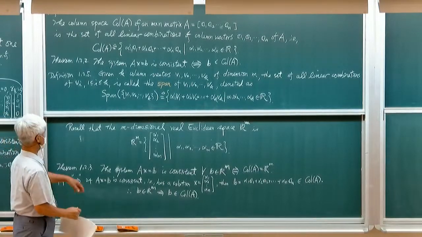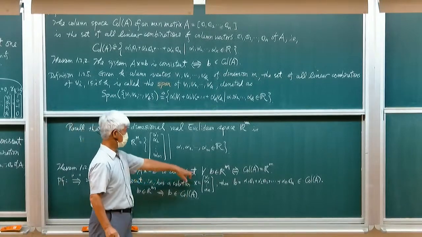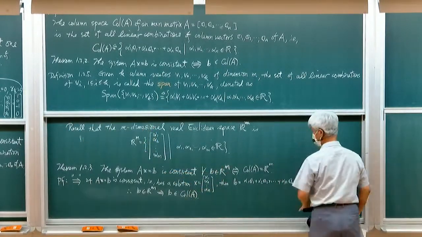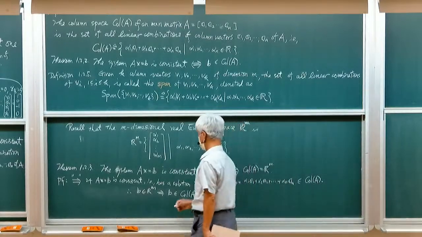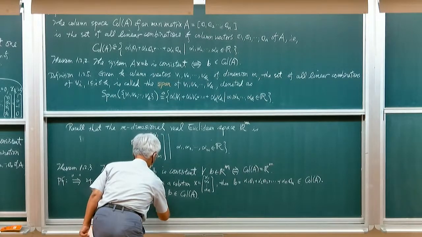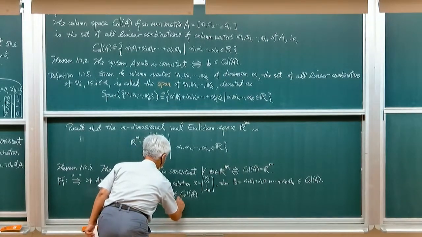Because it says that if B is any column vector in R^m space, and this says that R^m is a subset of the column space of A.